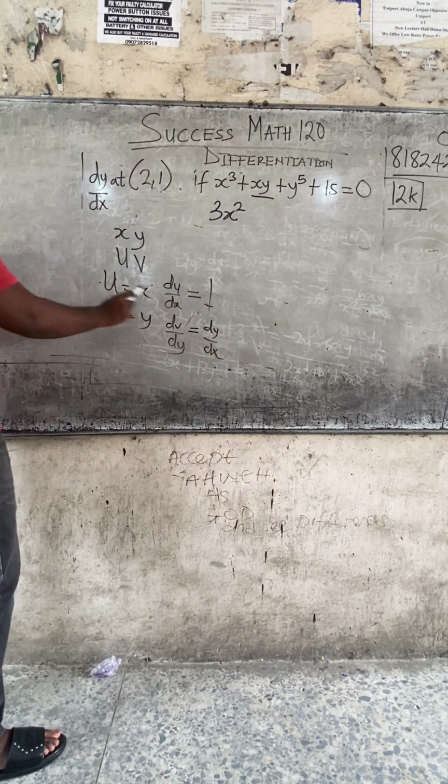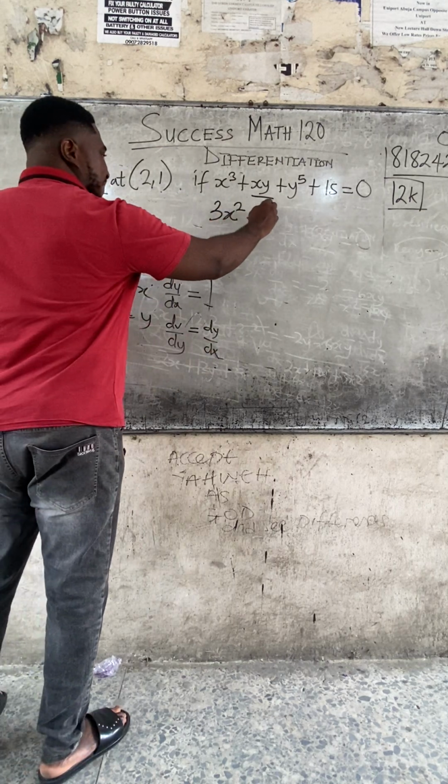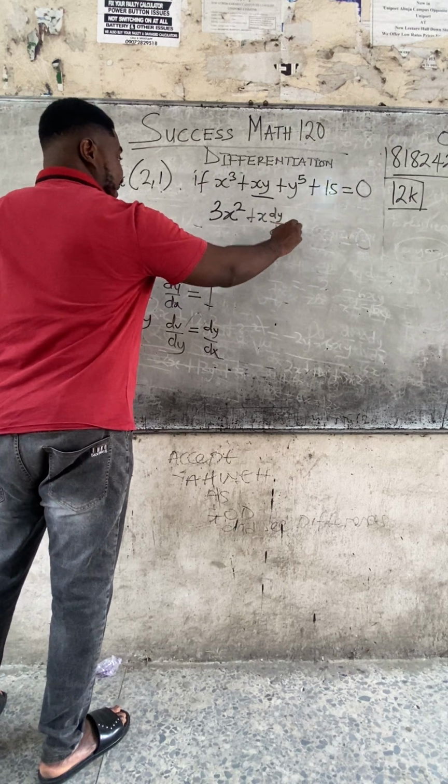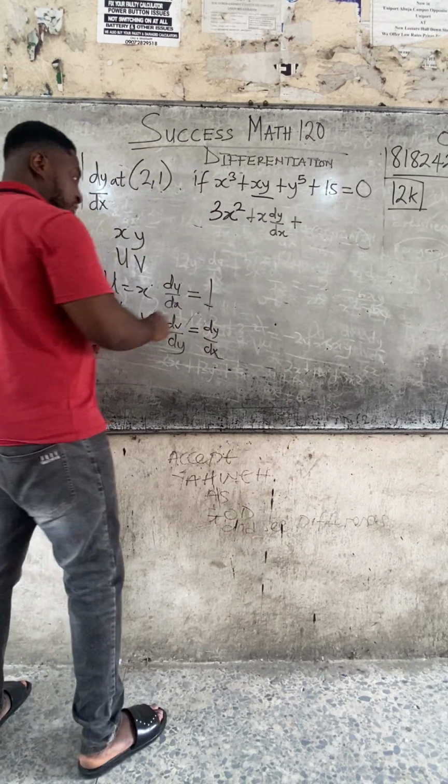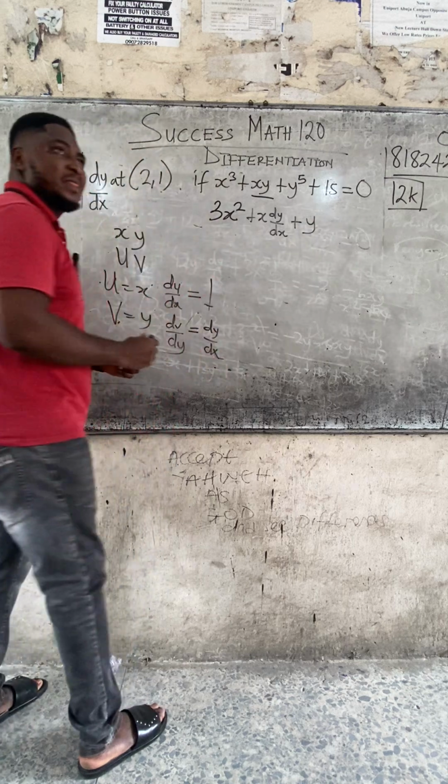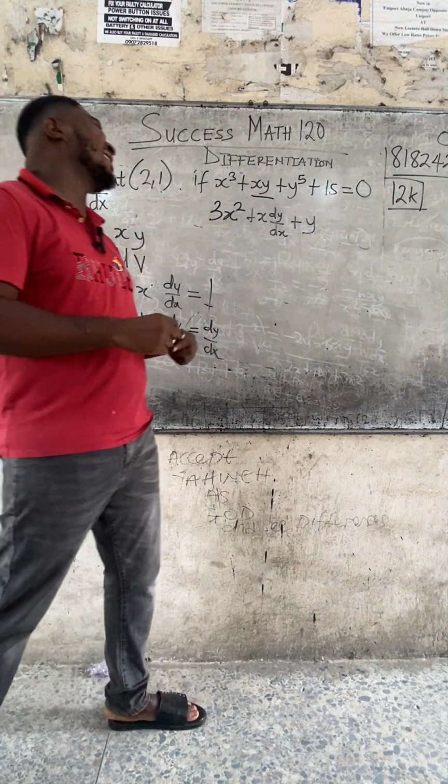So you now say u dv/dx, which is x dy/dx, plus v du/dx, which is y times 1, which is y. Class, note that the differentiation of xy is x dy/dx plus y.